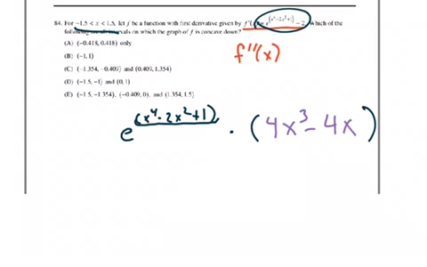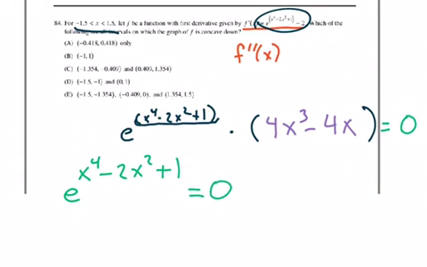Well, now what I'm going to do is decide when this is going to be equal to 0. So we're going to set all of this equal to 0, and take each part and solve it. So when I solve this, notice on the left-hand side, nothing's going to happen.